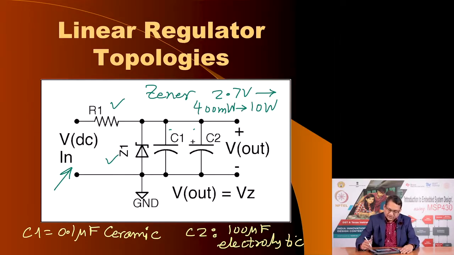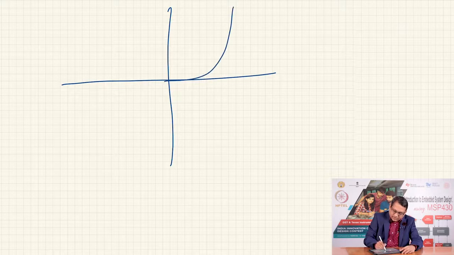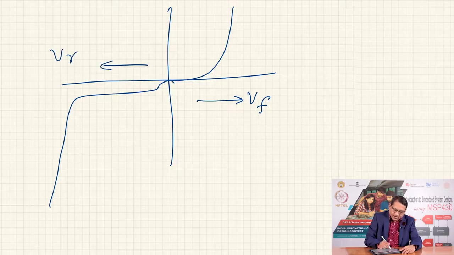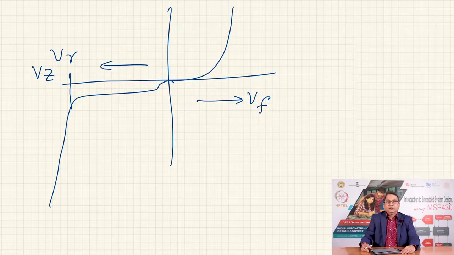Now, what is the problem with this power supply topology is that it operates the Zener in the reverse region. So, this is the voltage Vf, this is the reverse voltage Vr, and this is the point where your Vz, the Zener principle kicks in.